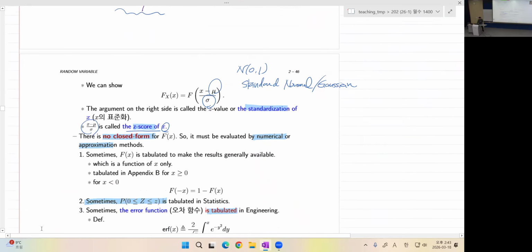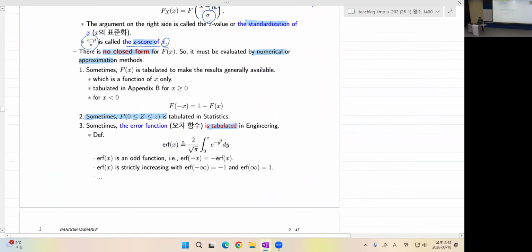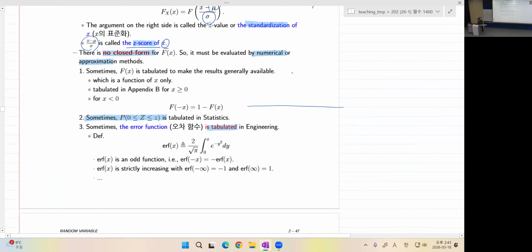By the way, the CDF has a very interesting feature. It looks like that. The standard Gaussian CDF is symmetrical with respect to (0, 1/2), right?